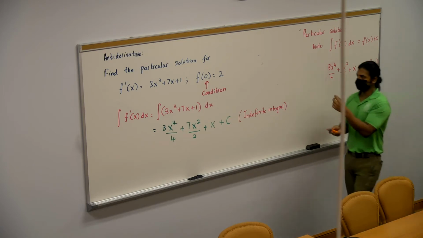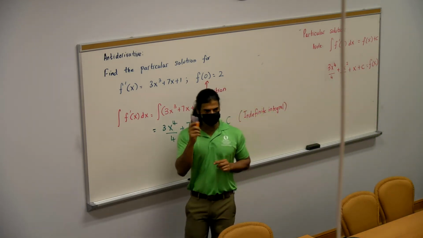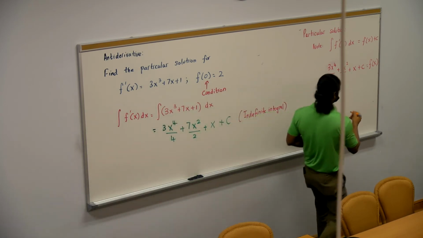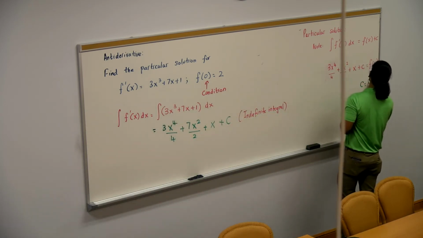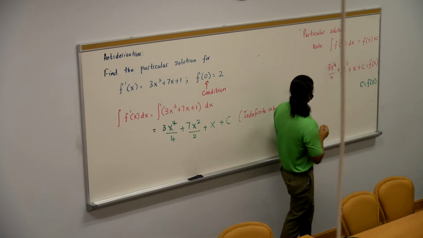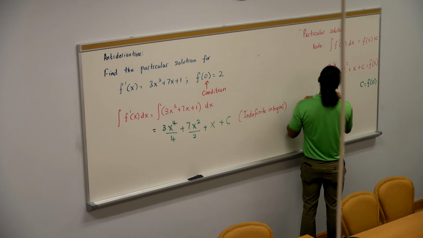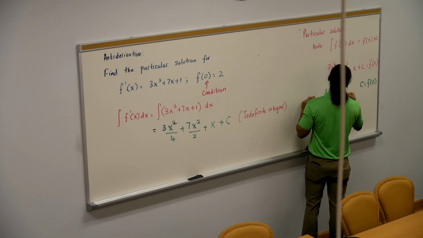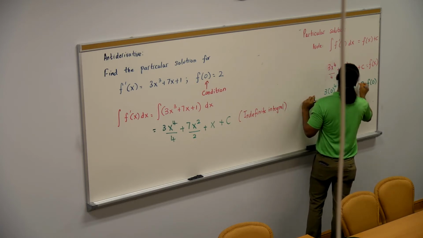And what else do we know? The condition is f of 0 must be 2. So I'm going to plug in 0 for x. Which would mean 3 multiplied by 0 raised to 4 over 4, plus 7 times 0 squared over 2, plus 0 plus c.